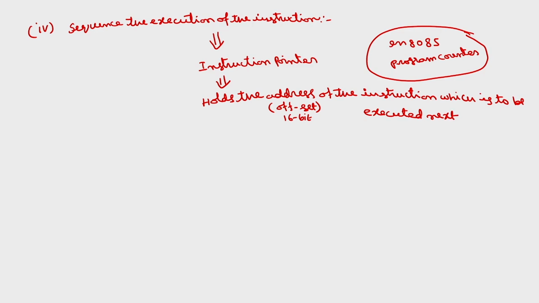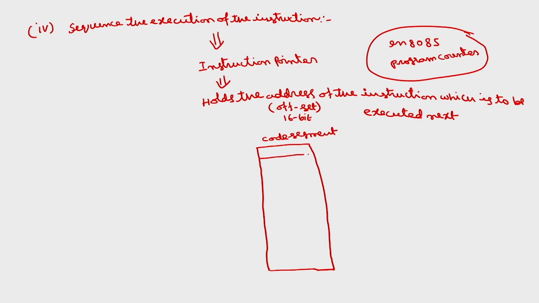For example, if we take the code segment, as we know the code segment is used for storing the programs. So, the starting of the code segment is, say, 60000H.